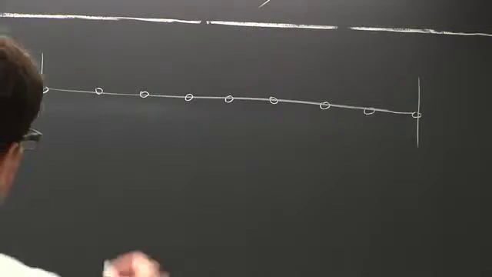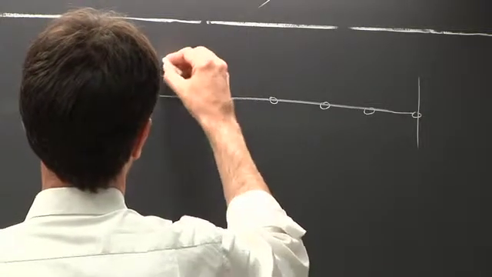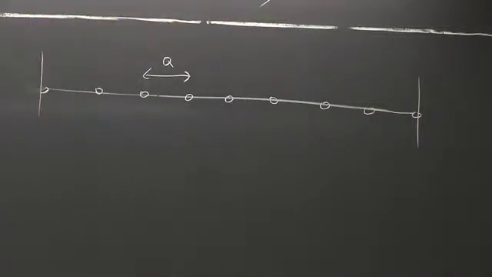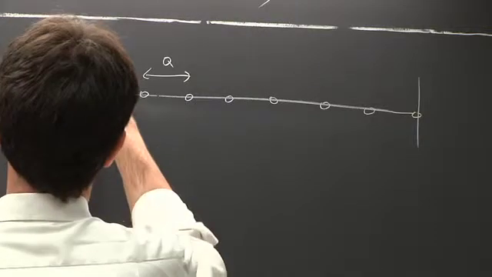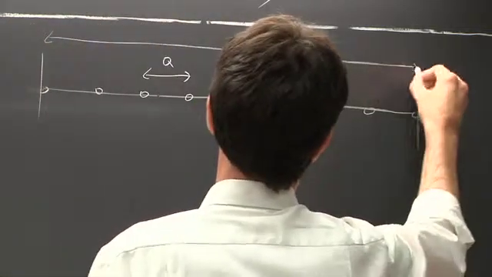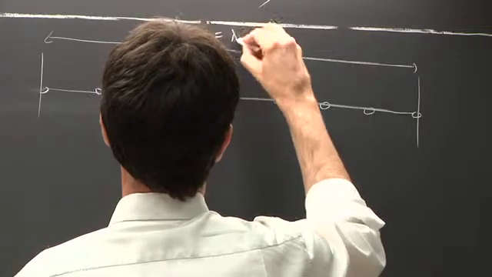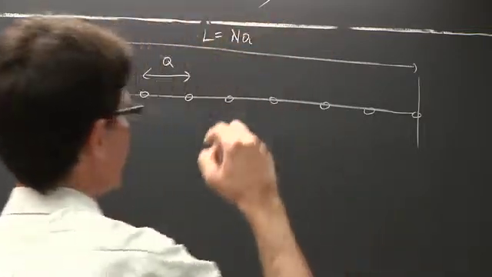There is a length, a chain of atoms, and there is a beginning and an end. Now, this is obviously the more realistic way of cutting a system, and then perhaps we have a total length L here, which is perhaps n times a, where n is a very large number.